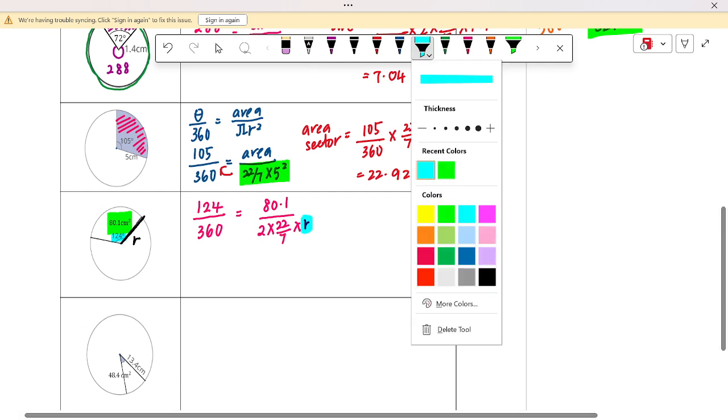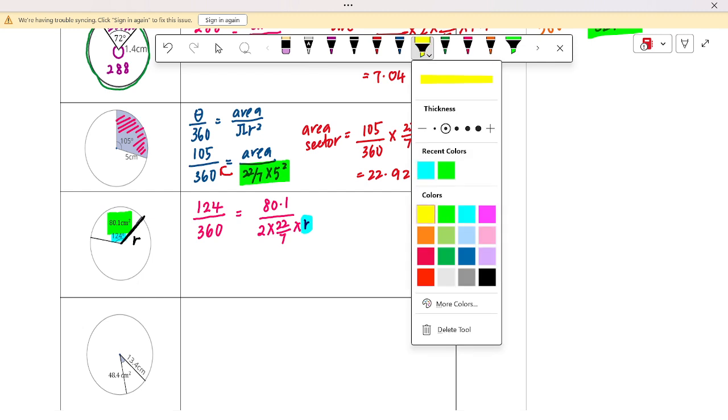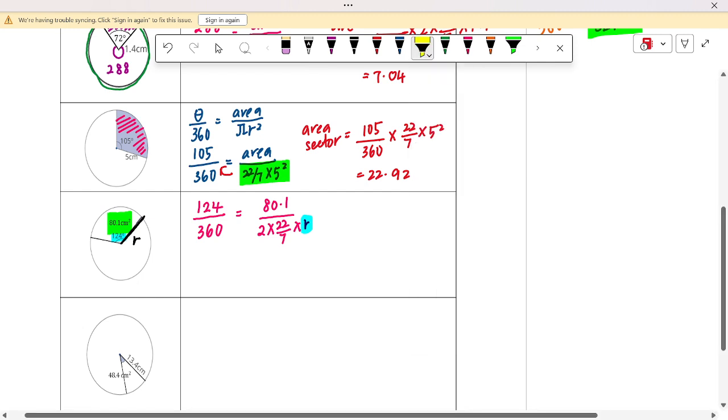You're going to calculate the value of r. So how are you going to shift one by one? I'll suggest you all to cross multiply them first. So 124 times 2 times 22 over 7 equivalent to 80.1 times 360. This could be your first step.